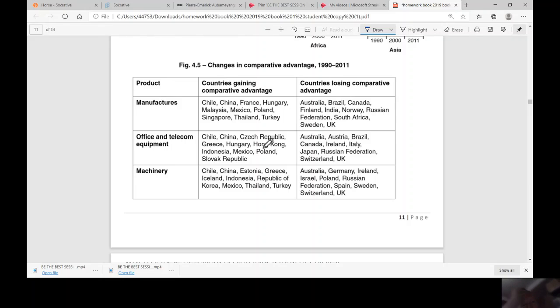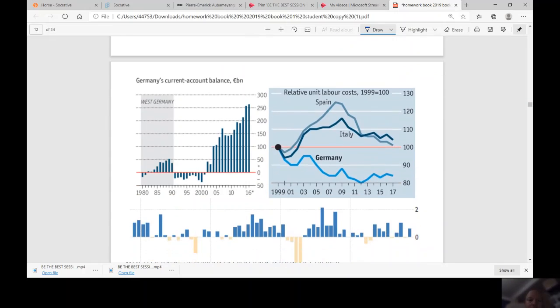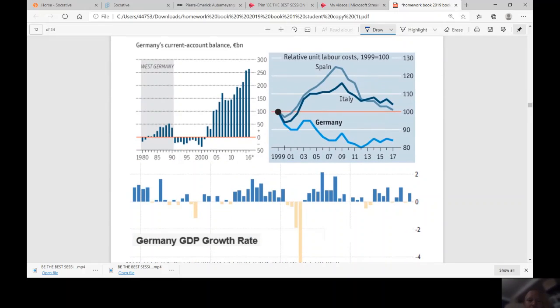Comparative advantage being trade at the lowest opportunity cost. So effectively what your country is specialised in trading, and you can see that some countries such as China have gained comparative advantages in many, and then some more developed countries like the UK have lost comparative advantages at the same time.